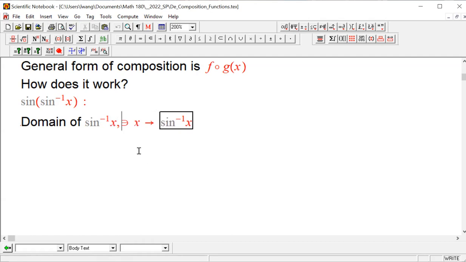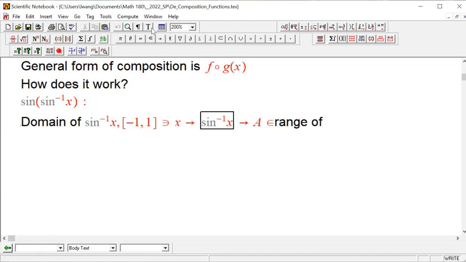What is the domain of arcsine? Of course, that's [-1, 1]. It produces an angle, and this angle is going to be in the range of arcsine. This output is an angle, and this angle will be the input for the next function, sine.